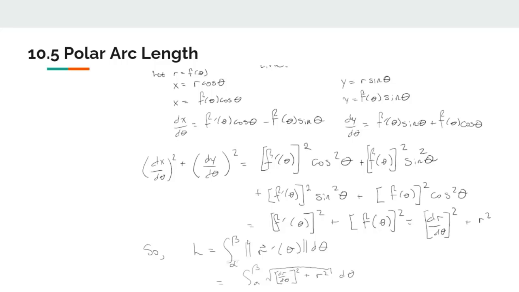Basically, it's just the magnitude of the derivatives, the square root of the sum of the squares of the derivatives. Yeah, the magnitude of the velocity vector. That's all arc length is. When we have this parameterization, I just calculated the magnitude of the velocity vector right here, so I can just plug it in directly, right? We have the square root because that's magnitude. And so this is the arc length formula, which is once again the magnitude of the velocity vector.